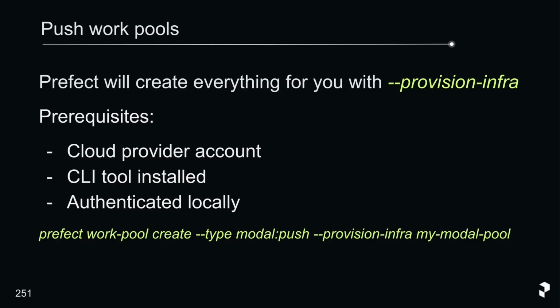If you check off all those boxes, then you'll be able to run a command that's similar to the one down below that uses the provision infra flag. So here you can see we are creating a work pool and we're specifying a type. In this case, it is a modal push work pool, and Prefect will provision the infrastructure on your behalf if you incorporate that flag.